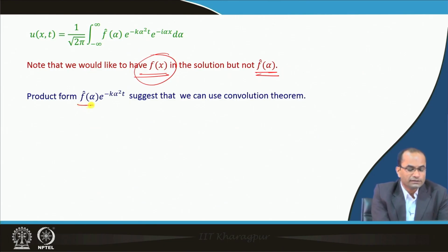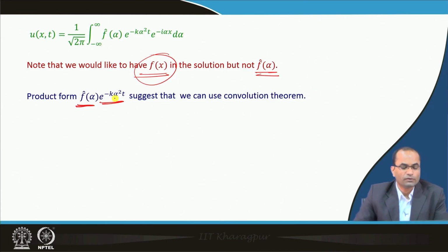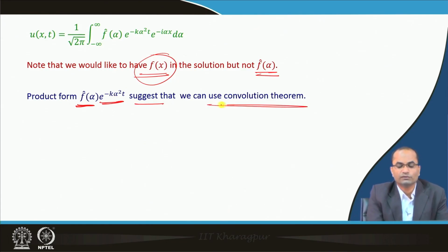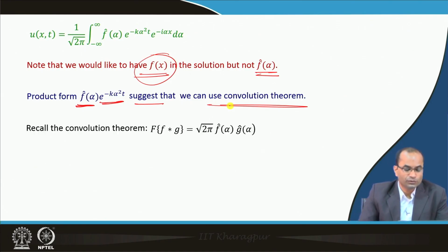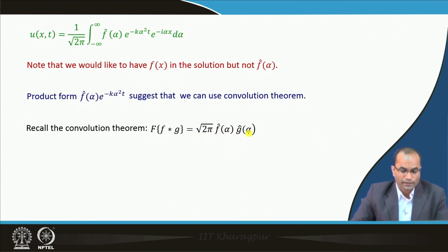This product here is of two Fourier transforms, one is f hat, another one is e power minus k alpha square t. This suggests that we can use the convolution theorem, which says that the Fourier transform of the convolution is equal to square root 2 pi times the product of the Fourier transforms.